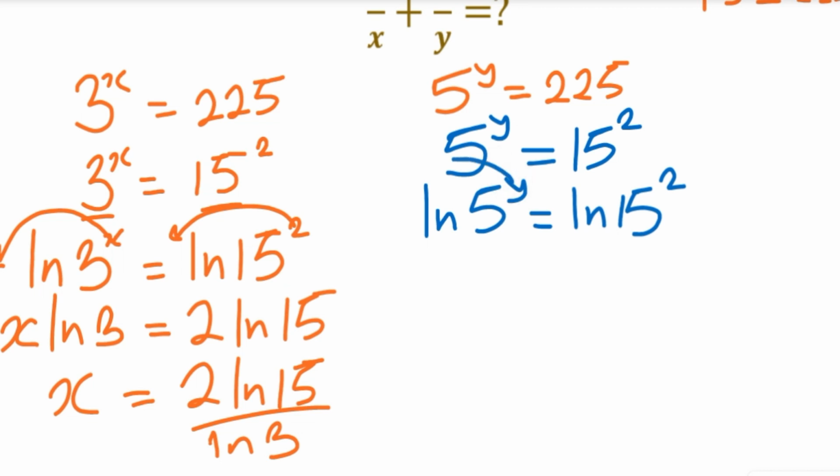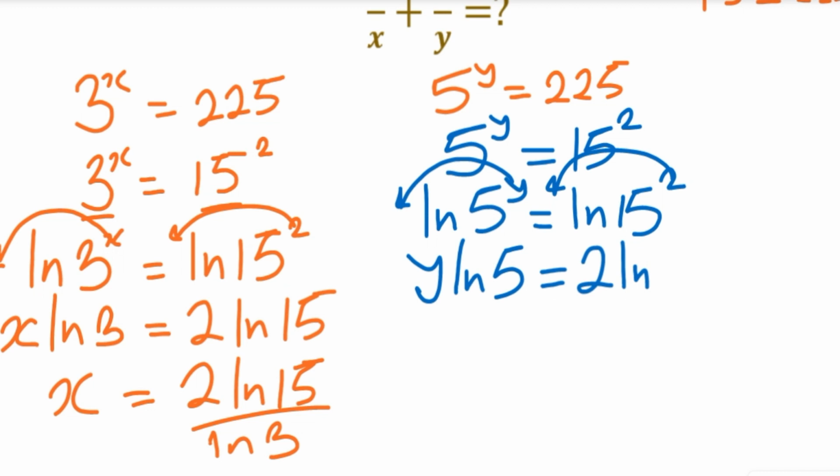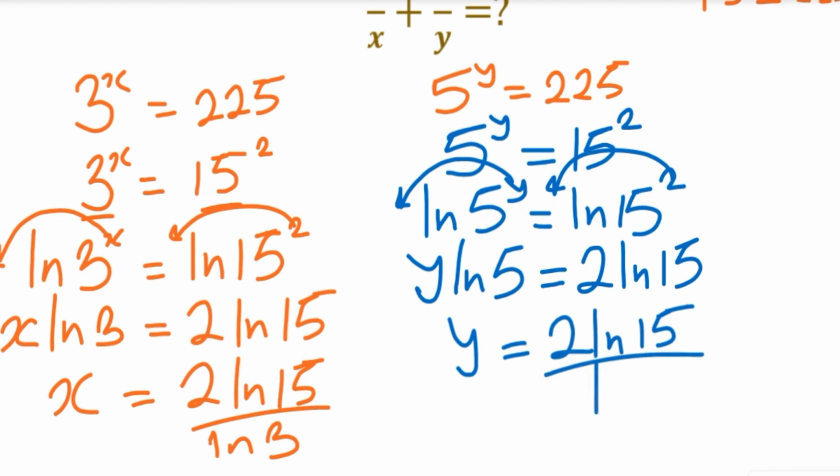So this y will multiply the natural log, while this 2 multiplies this natural log. We'll have y multiplied by the natural log of 5 equal to 2 multiplied by the natural log of 15. So our y will become 2 multiplied by the natural log of 15 divided by the natural log of 5.